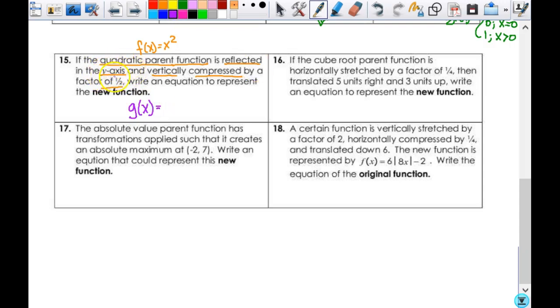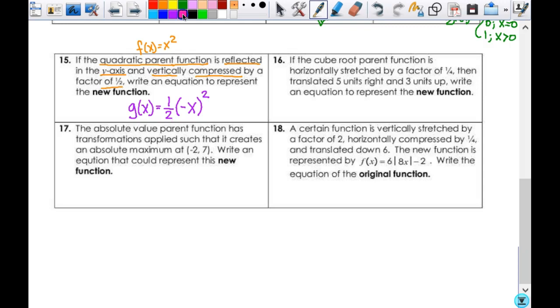If I'm reflecting it in the y-axis, it's on the inside of the squared. So it would be like this, (-x) squared. Vertically compressed, that's on the outside, so it's multiplied by 1/2. And that's all, we vertically compress it and reflect it.